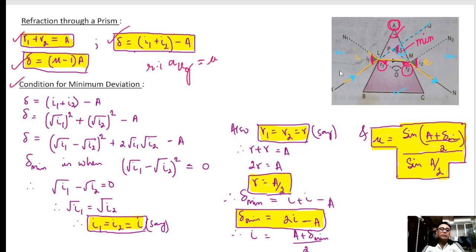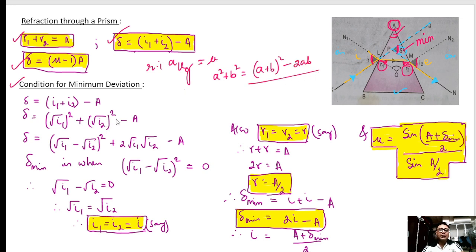Let us write the relation for deviation: sigma equals I1 plus I2 minus A. Now, as you know, I1 can be written as root of I1 square, and I2 can be written as root of I2 square, minus A. Now, A square plus B square I can write as (A plus B) whole square minus 2AB.